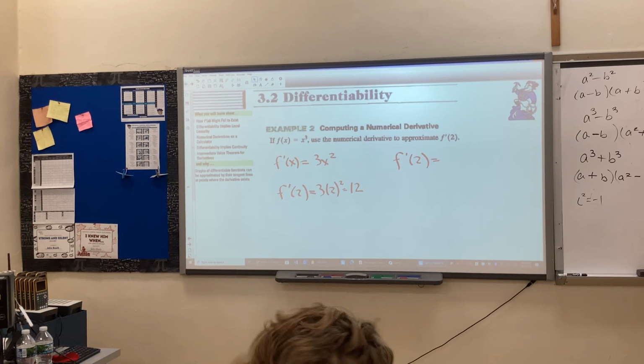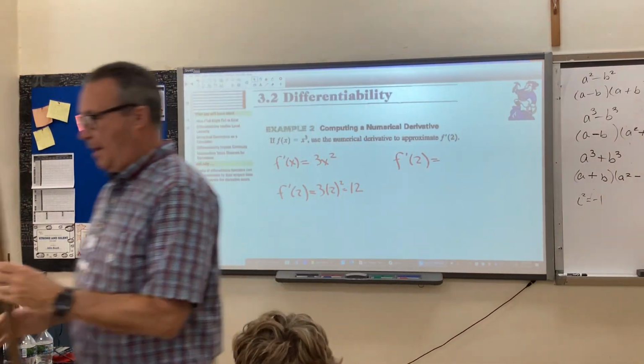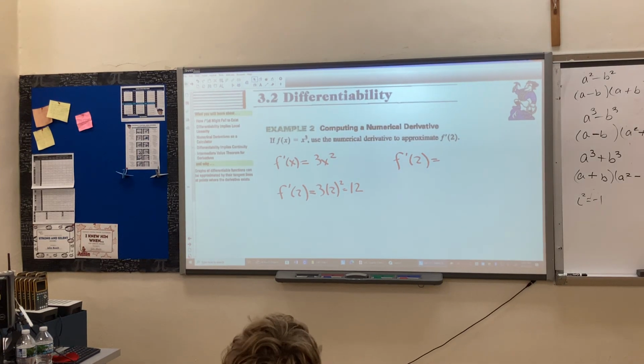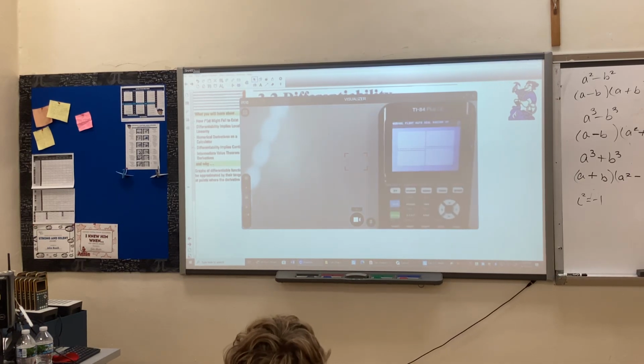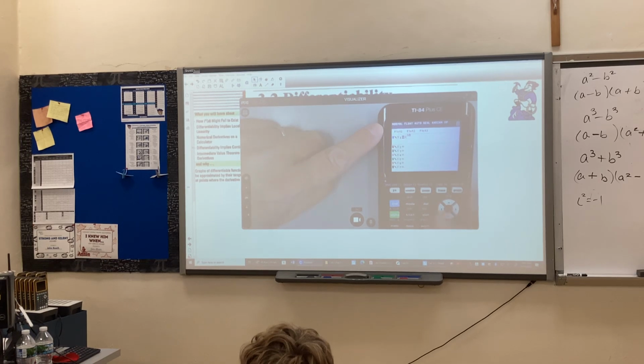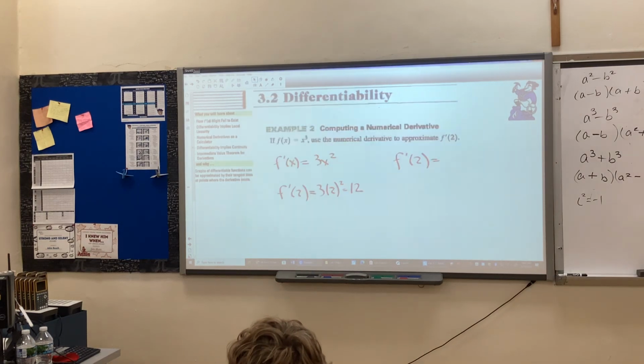How do I plug it in? Later on, when we get pretty heavy into using your calculators to do calculus, we will put the function into y equals, then exit that screen and take the derivative with n-deriv in terms of the variable x.